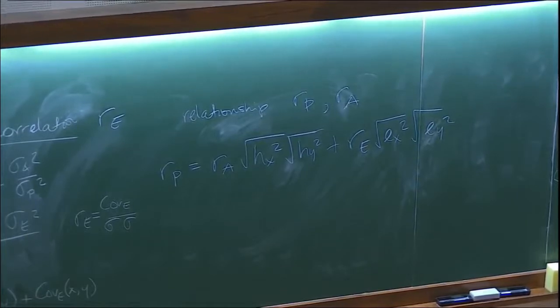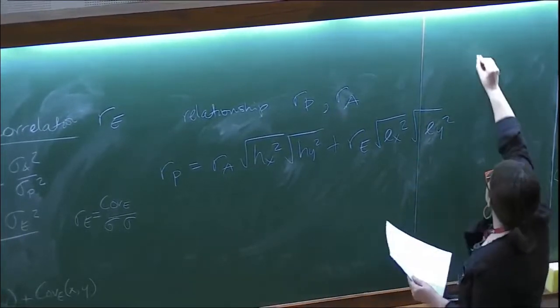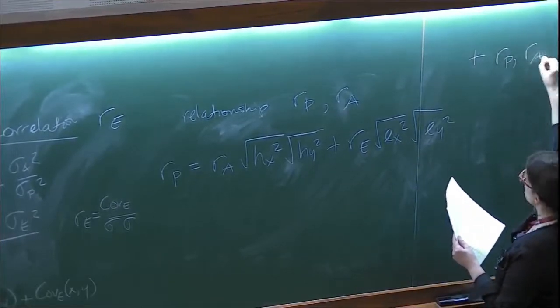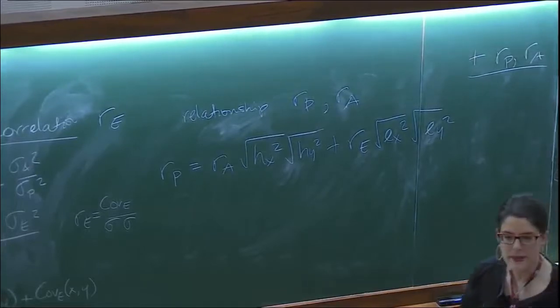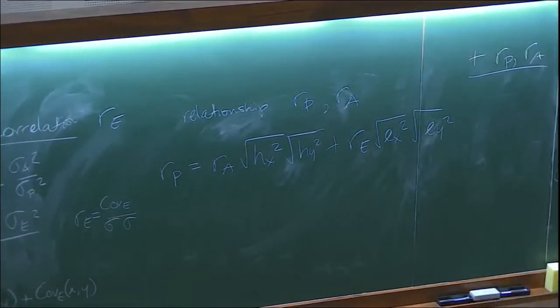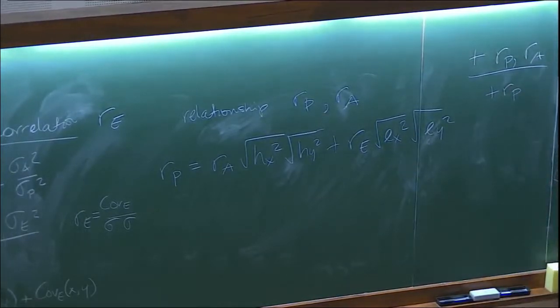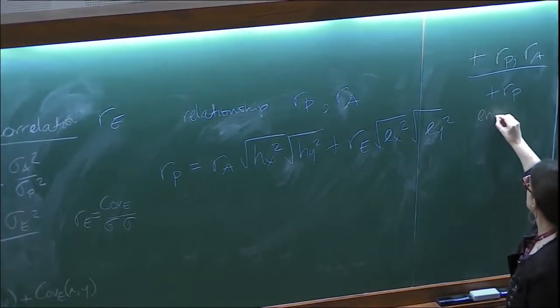And why do we even care? Well, if we have positive correlations, that must mean that there's some underlying factor that affects both traits that we're looking at in a similar way. And a really obvious thing that leads to a positive phenotypic correlation is environment.